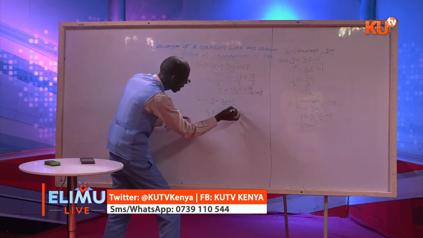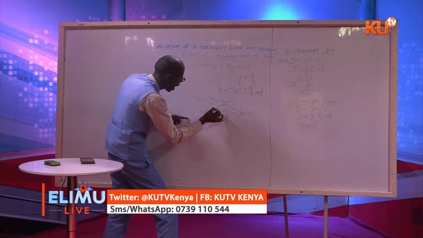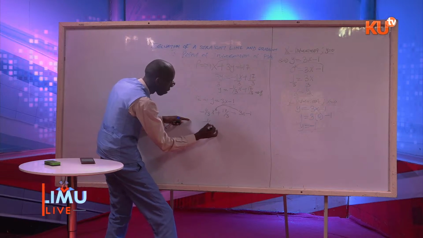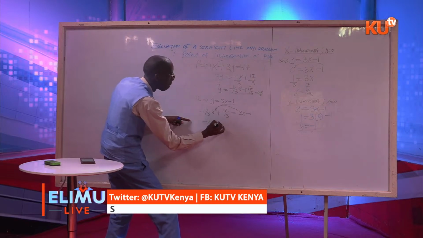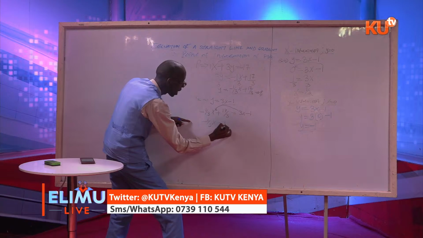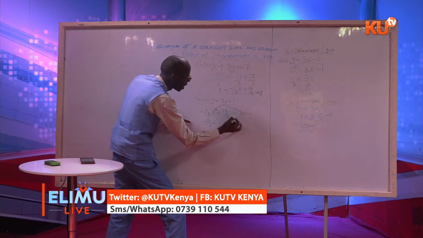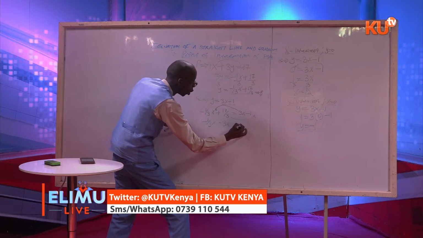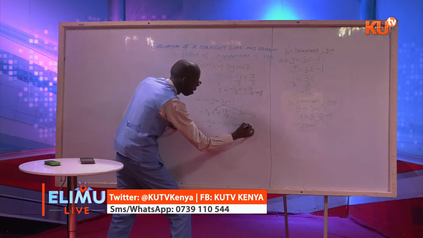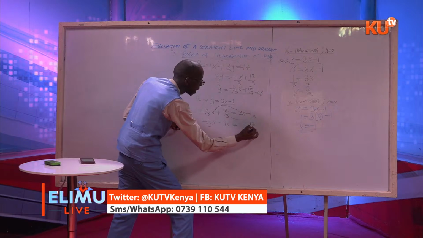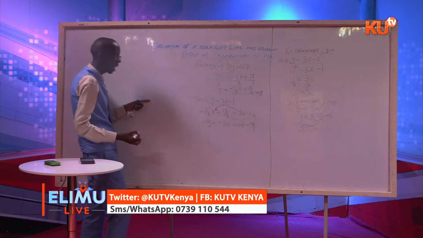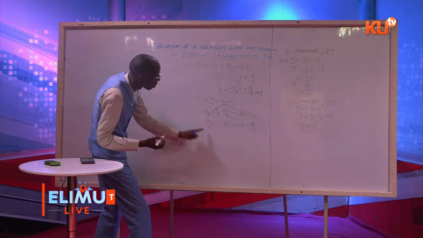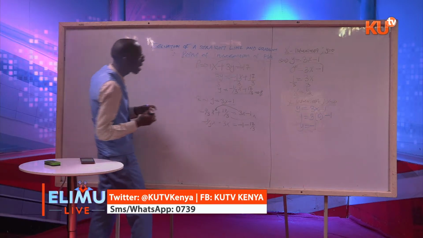So bring negative 3x to this side. We'll have negative 1 over 3x minus 3x. Take 17 over 3 to the other side, is equal to negative 1 minus 17 over 3. What is negative 1 over 3 minus 3?